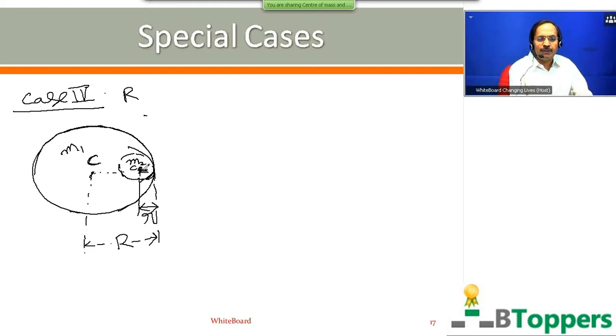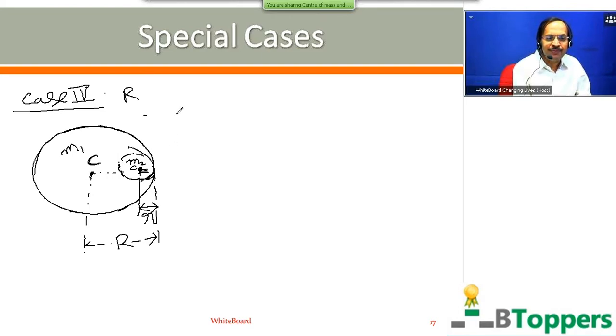Suppose the small circular piece which is removed from the edge is again put back in the original position. Where will be the center of mass of system of M1 and M2? The center of mass of the system of M1 and M2 will be at C. That means center of mass of the system will be again at C.